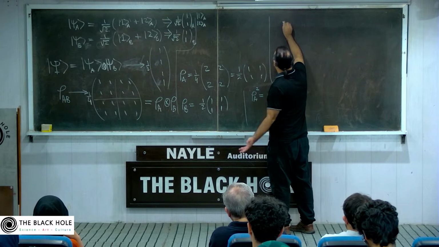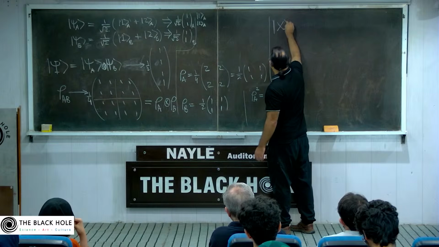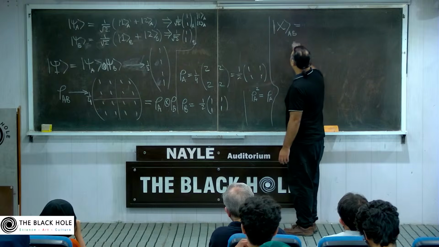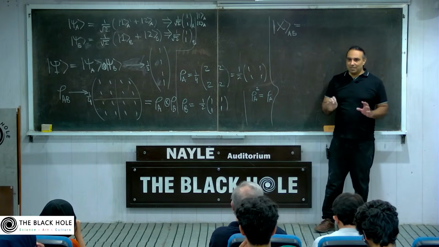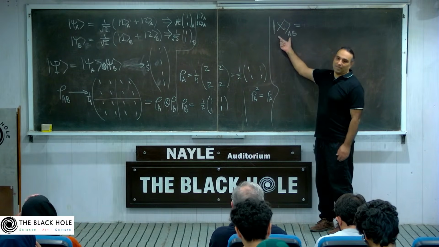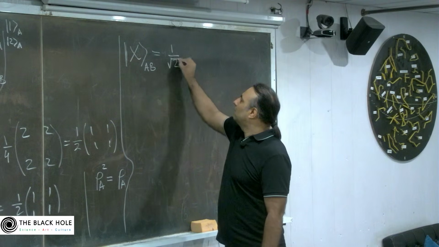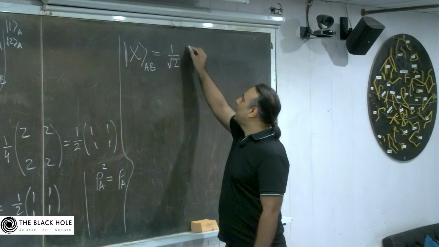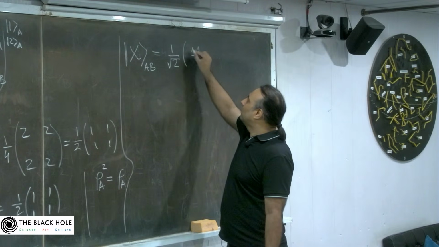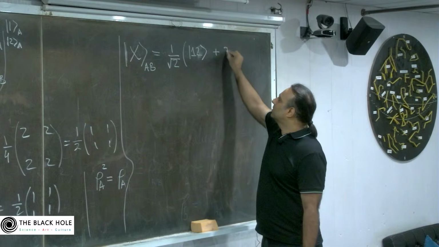Let's suppose there is another state, with another symbol. So this is AB. This AB composite system is isolated. It's not interacting with anything else. So we can always write its ket. Let's suppose its ket is 1 by square root 2 times 1 and 1, or maybe 1 and 2, and then plus 2 and 1.